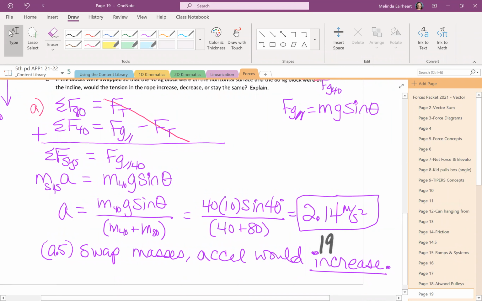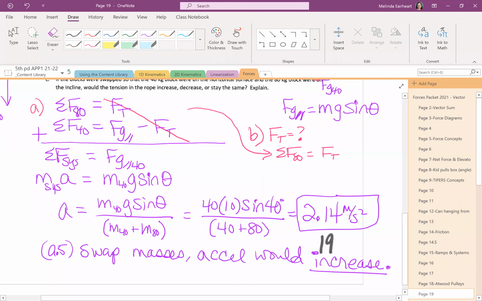We have two. And if Newton's third law is correct, I can use either one. So what do y'all want to use, the 80 or the 40 equation? The 80, there's only one piece to it, right? And so for part B, to find the tension, I can just use F net 80, and it's already isolated for tension.